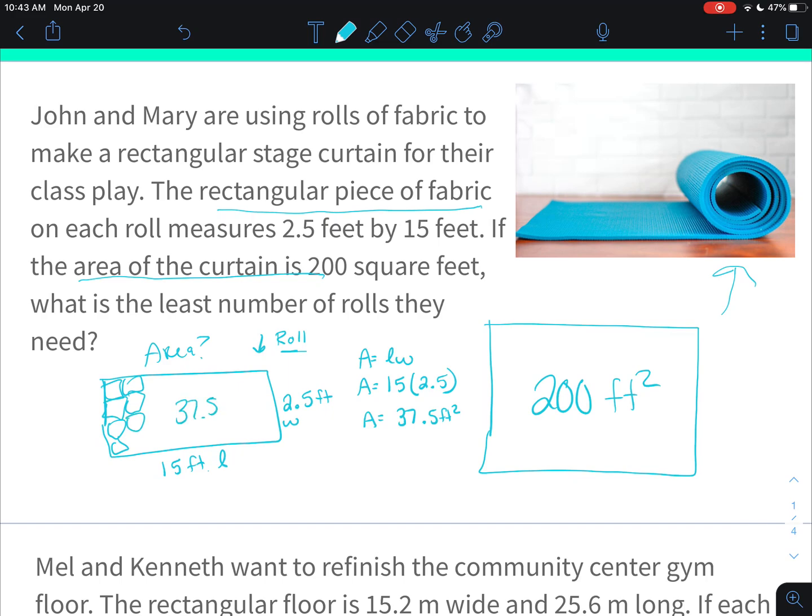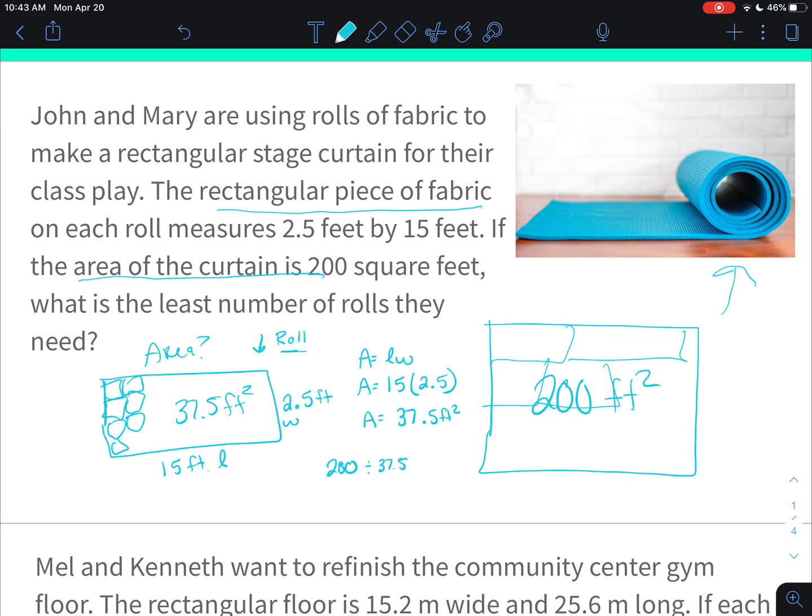Now I need to figure out how many of these are going to fit into my 200 square foot curtain. The easiest way to do that is to take your total of 200 and divide it by 37.5 square feet. You could keep adding 37.5 a bunch of times to figure out how many it's going to take to get to 200. That's another route you could take, but I'm just going to divide.